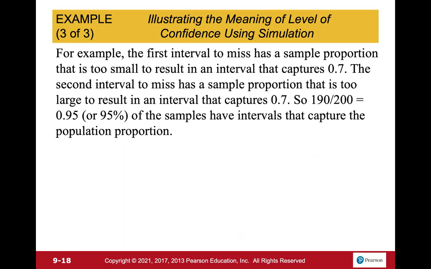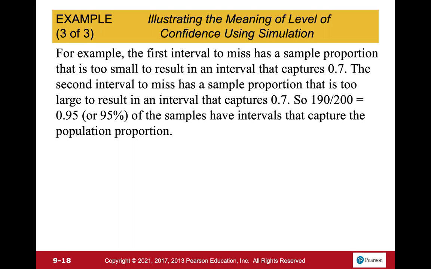So this is just the exact same thing stated a little differently. For example, the first interval to miss had a sample proportion that was too small to result in an interval that captures the 0.7. The second interval to miss has a sample proportion that is too large to result in an interval that captures the 0.7. So 190 out of the 200, or you could think of that as 95%, they just divided those two numbers, of the samples have intervals that capture the population proportion.